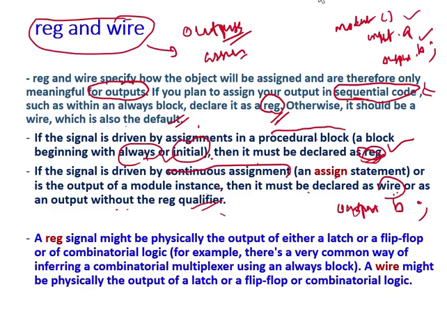Okay, this one is important: a reg signal must be physically the output of either a latch or a flip-flop. So if you are declaring a signal reg, then physically it can be the output of either a latch or a flip-flop.